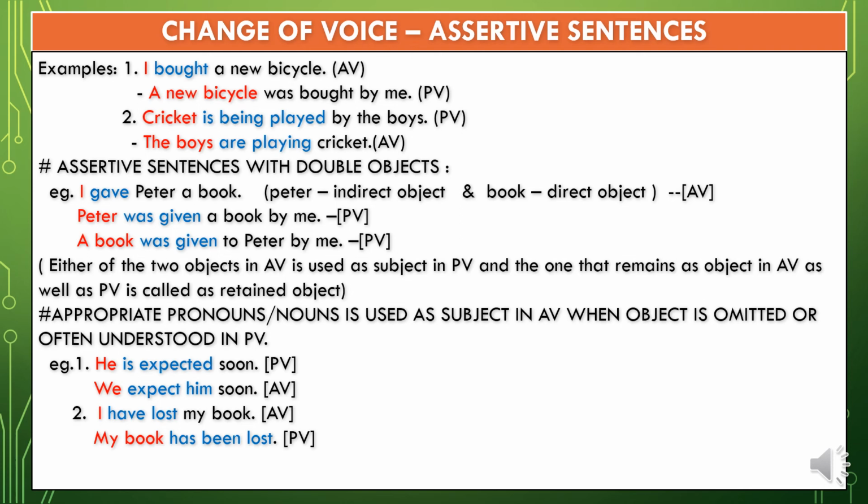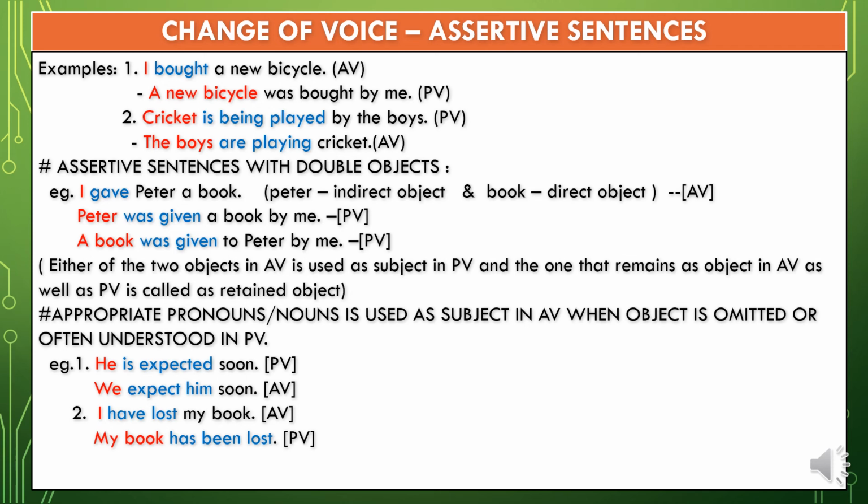Okay, then there is a confusion. Students face confusion when there are two objects. In an assertive sentence with double objects, many students find difficulty. But remember one thing, if there are two objects, it's very easy. Out of those two objects, you can make any one the subject of the passive voice.